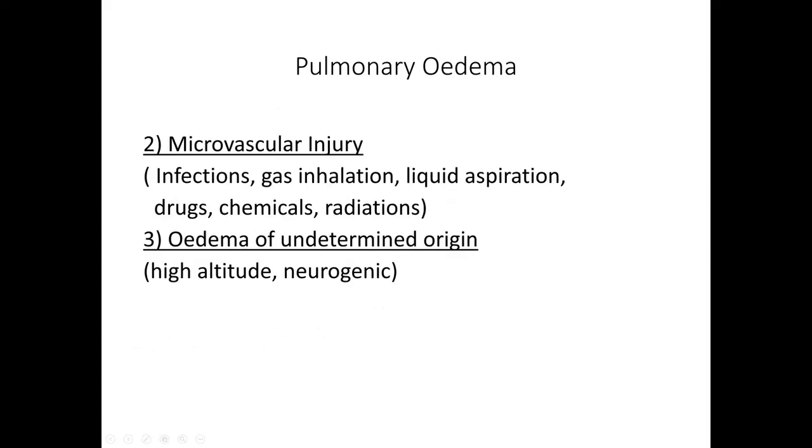The other causes are microvascular injury, which is the result of infections, gas inhalation, liquid aspiration, drugs, inhalation of certain chemical agents, and radiations. Edema of undetermined origin is seen at high altitude and neurogenic.